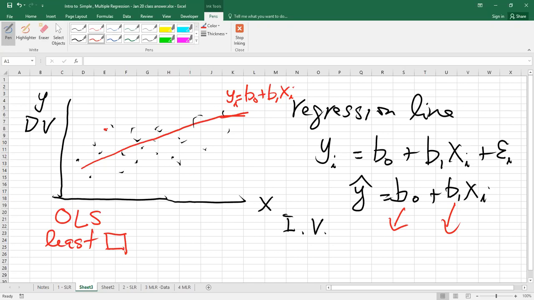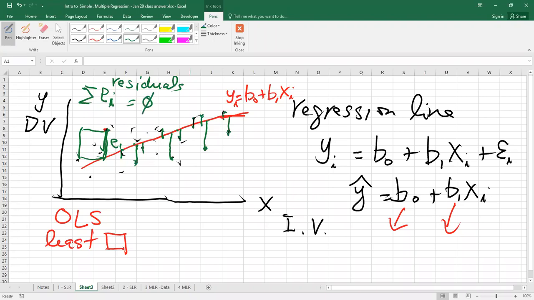Kunyari yan, may mga residuals yan. Ibig sabihin ng residual, guys, yung distance niya from the regression line. Ibig sabihin, hindi siya tumama dun sa model. So may mga residuals tayo yan. So what do you think is the sum of the residuals? The sum of the residuals is always equal to 0. Zero yan, guys. So that's why we don't add the residuals kasi wala tayong information na magagather dyan.